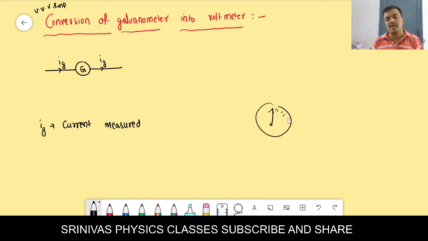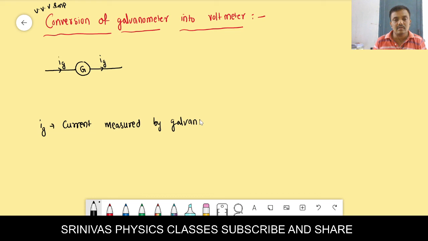Full deflection comes when maximum current passes through it. Now this current measured by the galvanometer for full scale deflection is Ig. This is the galvanometer.